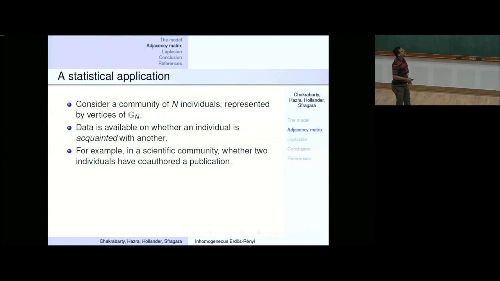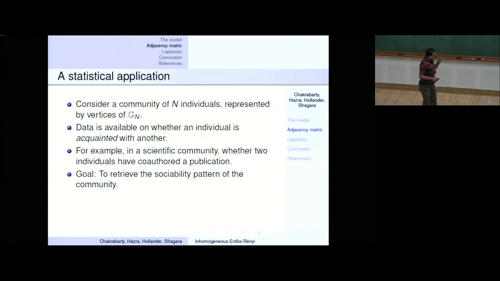An ideal example is a scientific community where acquaintance means whether two individuals have co-authored a publication or not. And my goal is to retrieve the sociability pattern of the community. As stated, it's not even completely precise. So the first goal is to make this question precise and then to be able to do the statistical application.